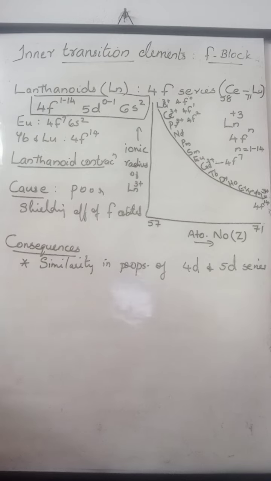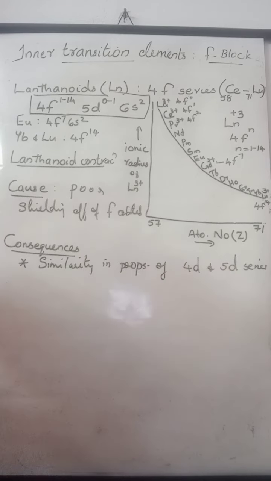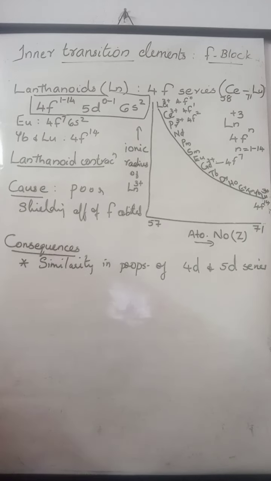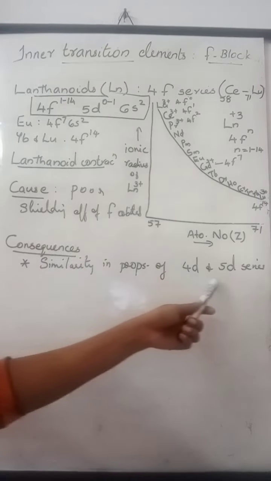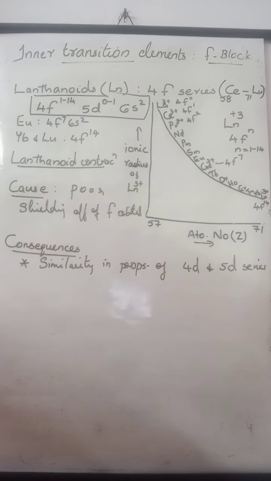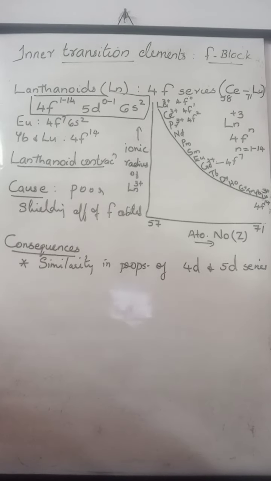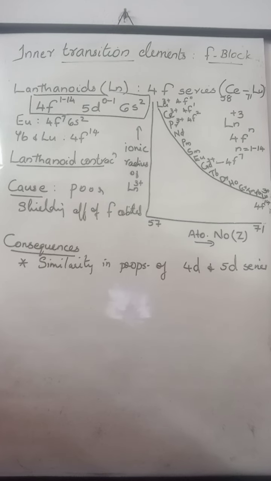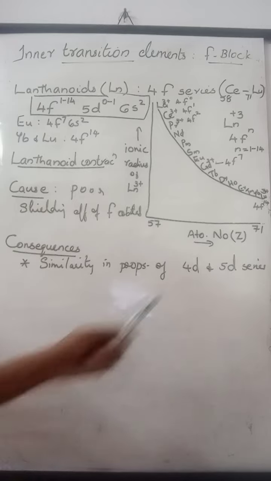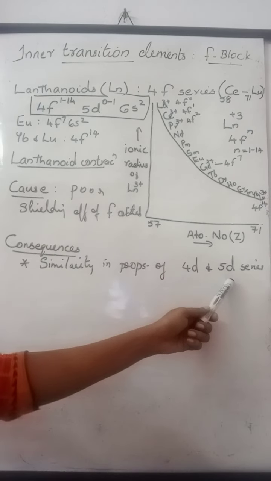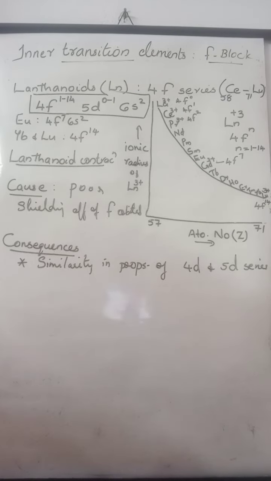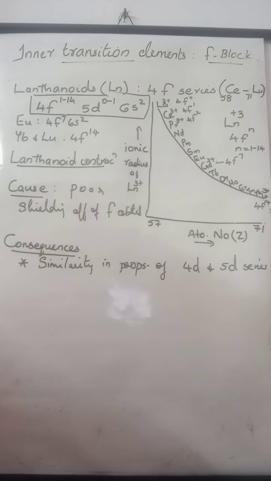The 4d and 5d series transition elements, that is the second and third transition series, have similar properties. This is due to lanthanoid contraction. These elements have almost similar size and hence similar properties. So that makes their study difficult.